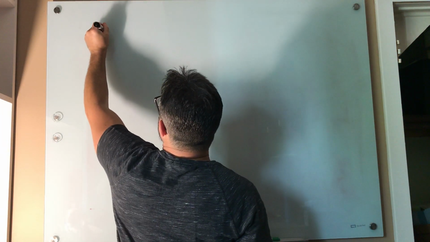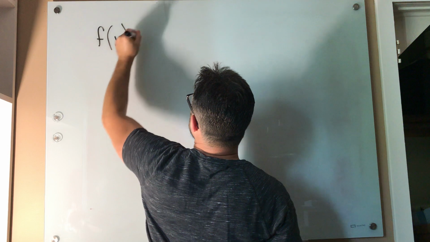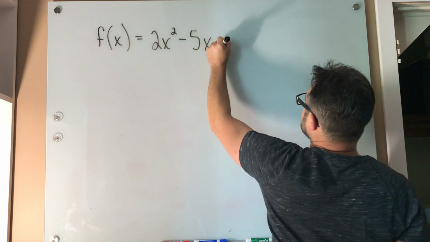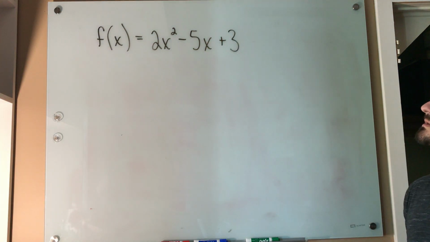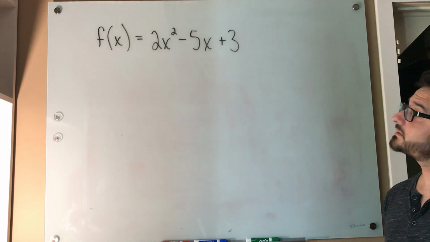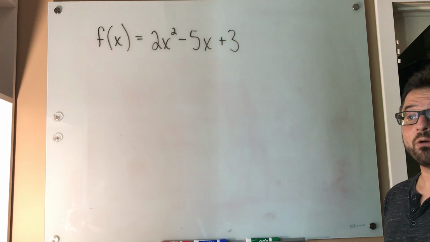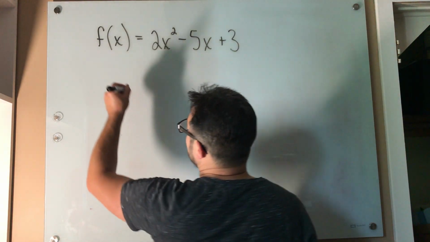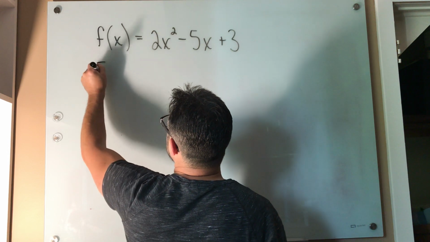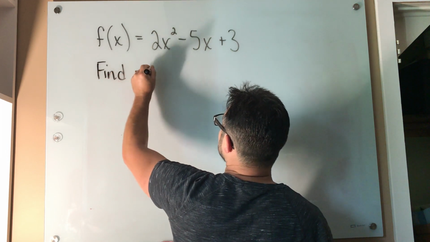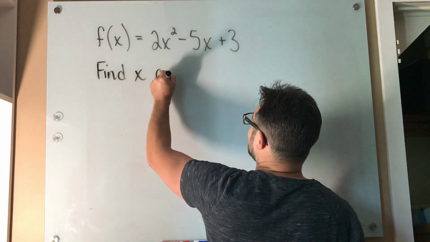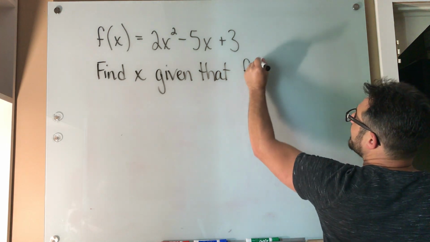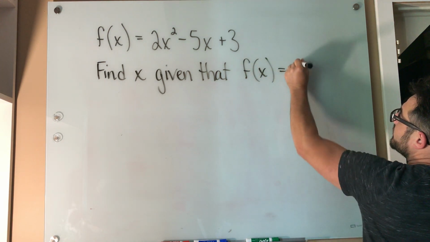But suppose for the same function, suppose we wanted to know the value of x given that the output value is 0. Function notation allows us to say that as well. We can simply say find x given that f of x is equal to 0.